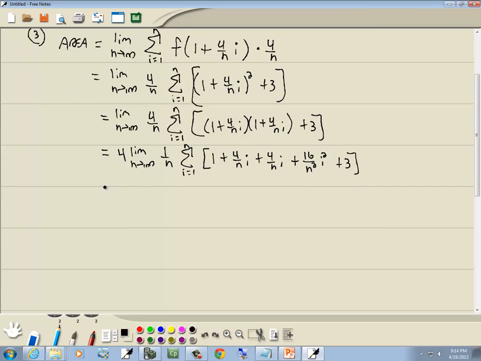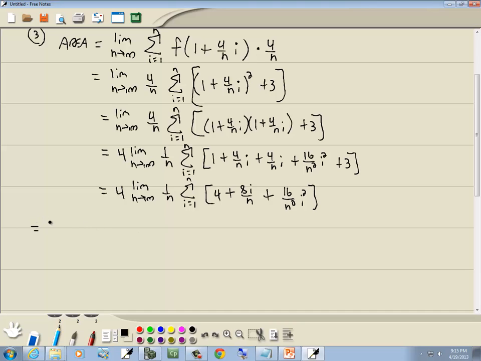Well, this is going to give us 4 out in front, limit as n goes to infinity of 1 over n, summation from i equals 1 to n of 1 plus 3 is 4, plus 4i over n plus 4i over n is 8i over n, plus 16i squared over n squared.